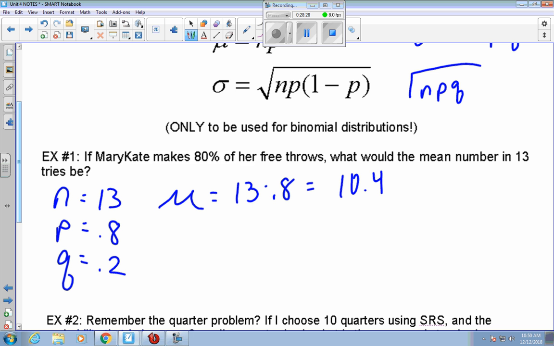Okay, if you wanted to find the variance, I was doing this just so we have more examples in your notes. So the variance would be 13, or you do 10.4, doesn't matter. So you have the 13 times 0.8 times 0.2.